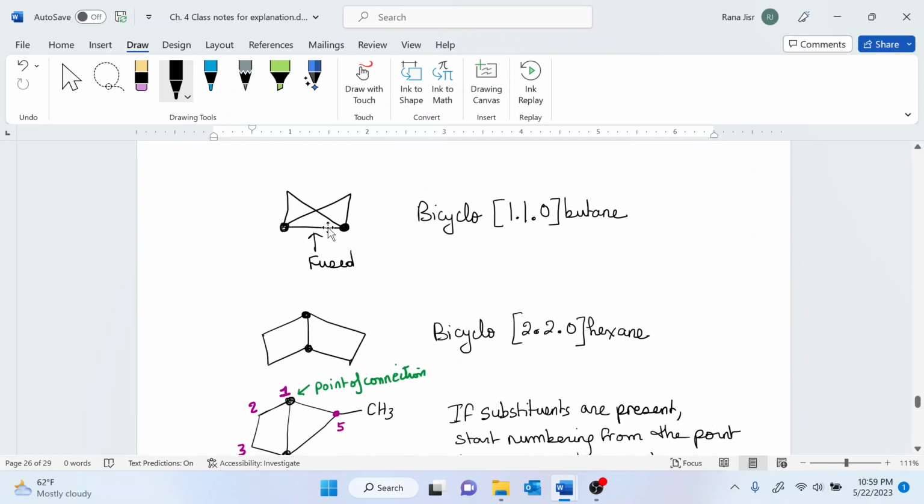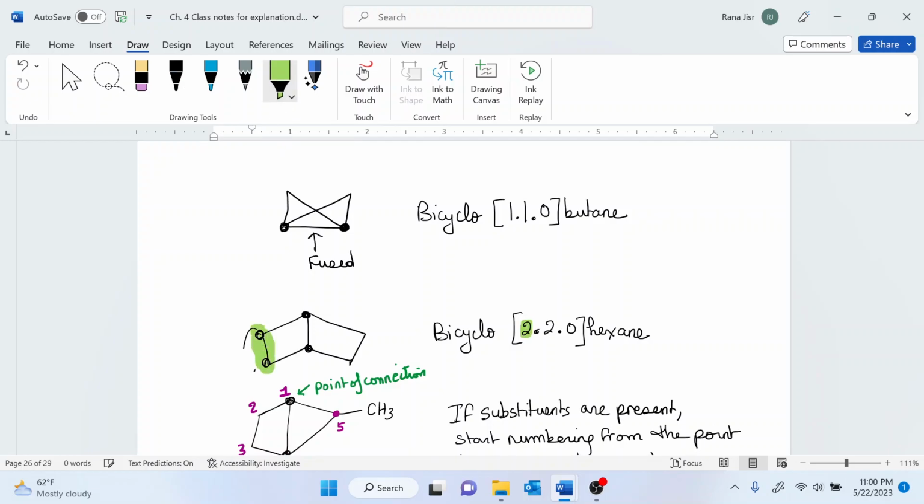Here I'm using the puckered conformation to represent those cycles. Again, please refer to the conformation lecture in this chapter in order to understand more how to draw the puckered conformations. We have here a bicyclo. It is 2 carbons on the side. So here I do have 2 carbons.